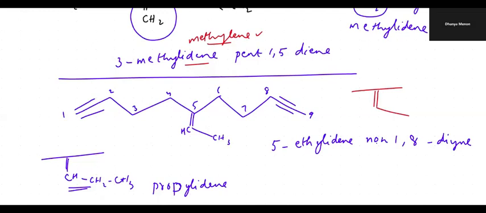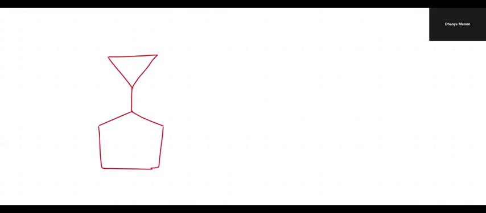Okay. Now, let's do some more questions. Yes, we've been doing a lot of questions. Let's practice some more. Suppose I have this kind of a structure. There's a double bond here. Suppose you are asked to name this.